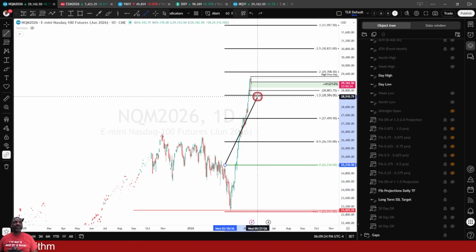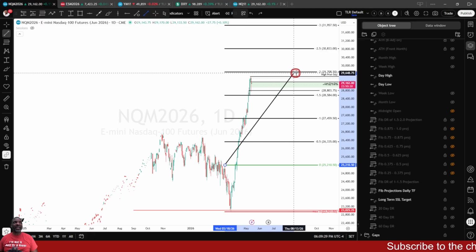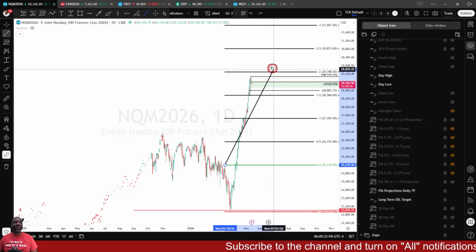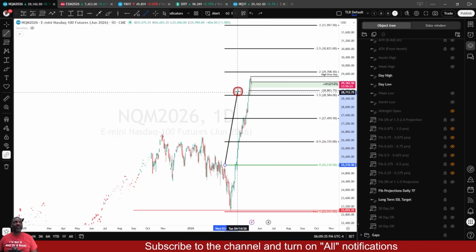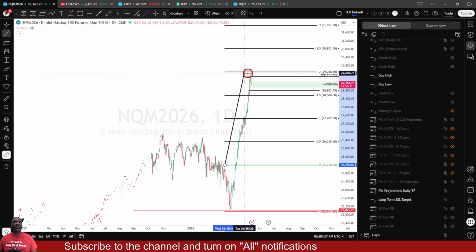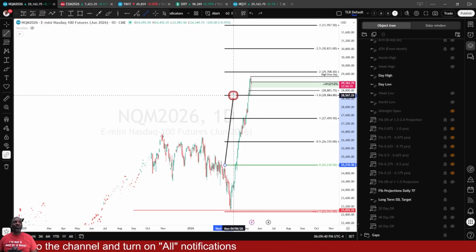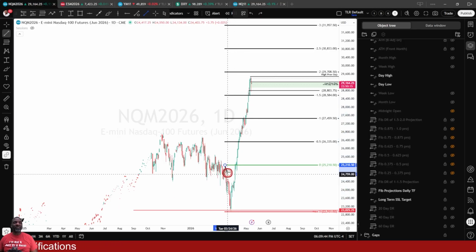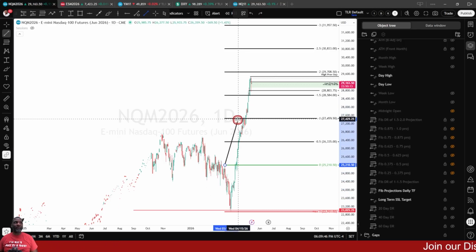Then we see 1.5 standard deviations and then 2 standard deviations that we're in between. So we're not in no man's land. We're floating in between 2 full standard deviations and 1.5 standard deviations from our manipulation leg.